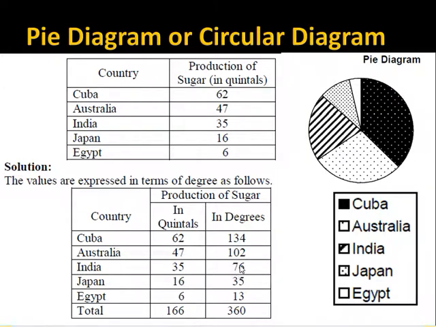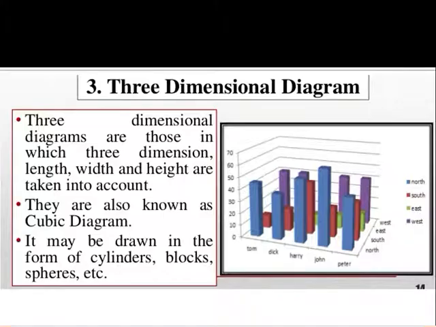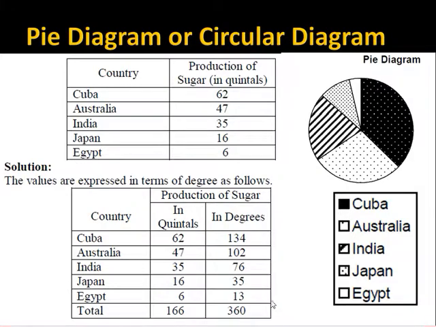Then India, 76 degrees. Then Japan here, and Egypt, of only 13 degrees. That is how a pie diagram can be constructed. Directly from the values you are finding the angle, or from percentages also you can find the angle.